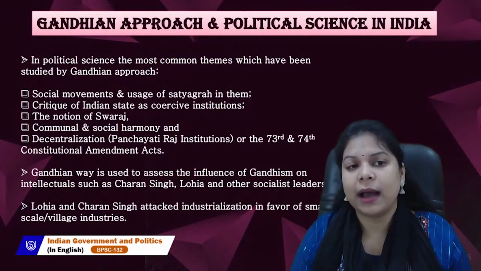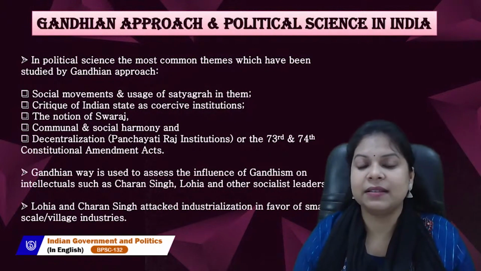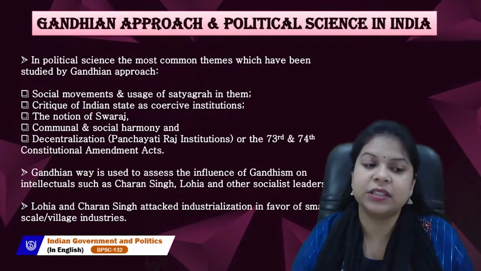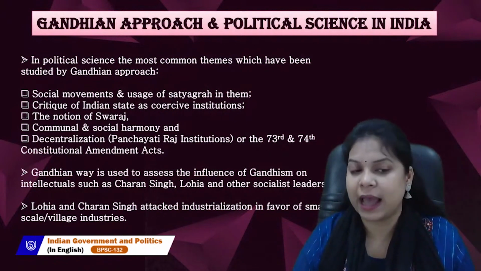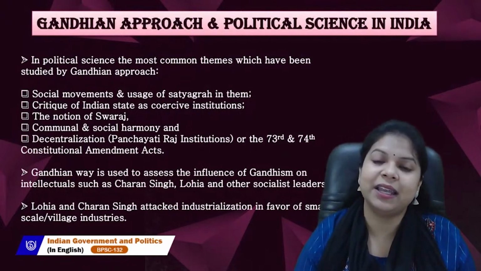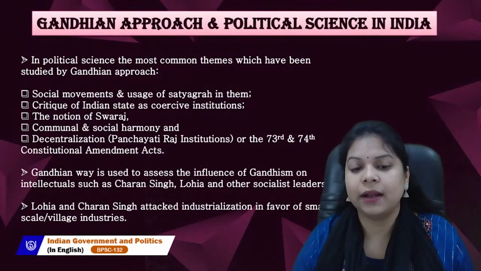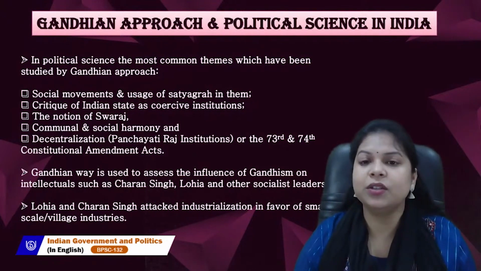Also the Gandhian approach talks about decentralization through Panchayati Raj institutions, or the 73rd and 74th Constitutional Amendment Acts. The Gandhian way is used to assess the influence of Gandhism on intellectuals such as Charan Singh, Ram Manohar Lohia, and other socialist leaders.